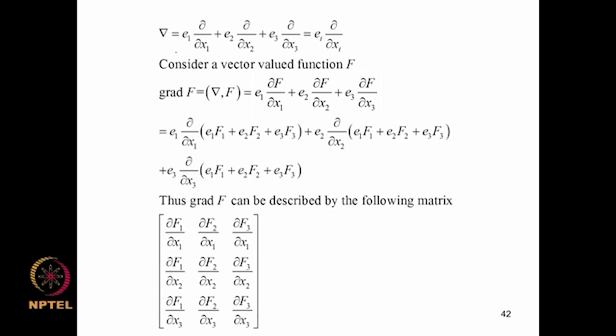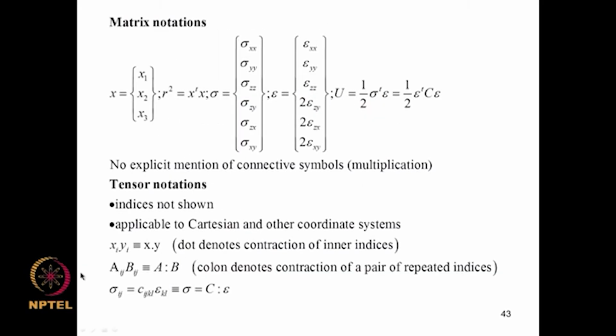Now, if you apply a grad on a vector valued function, it is written as del comma f, this is given by this, and f itself is a vector, therefore, I have to write this. So, you can see that grad of a vector valued function will have these gradients present in their representation.